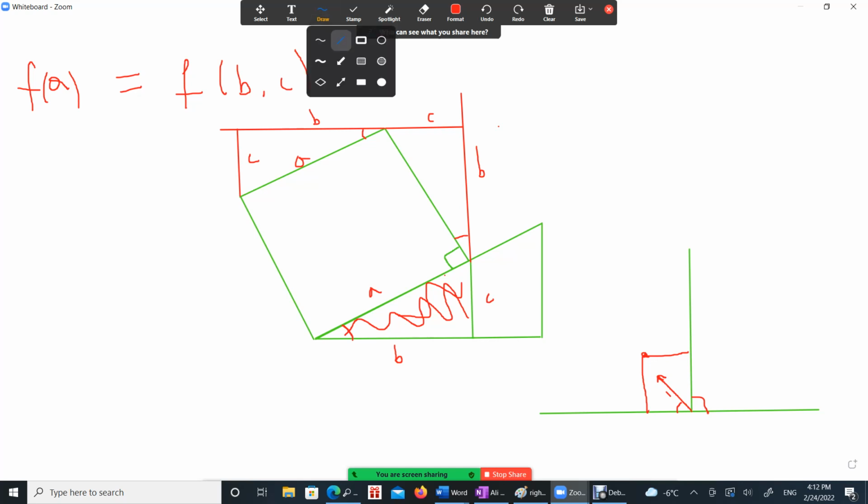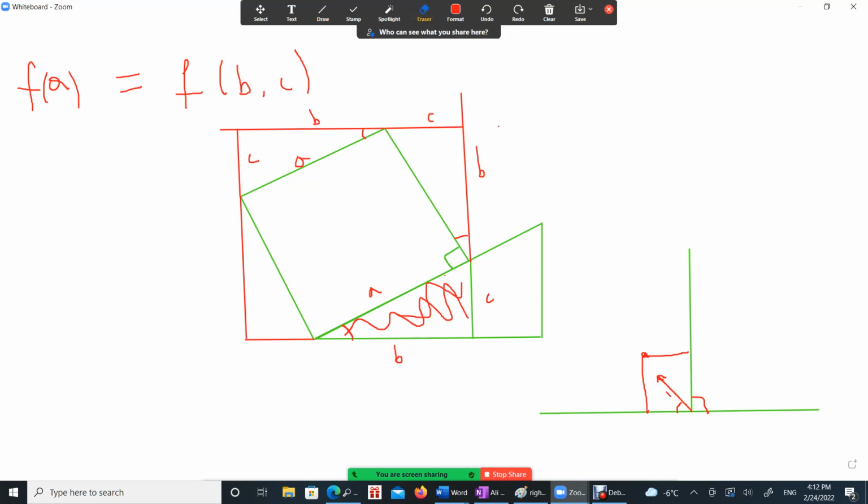So the way to draw it over here, and now the picture is complete again.